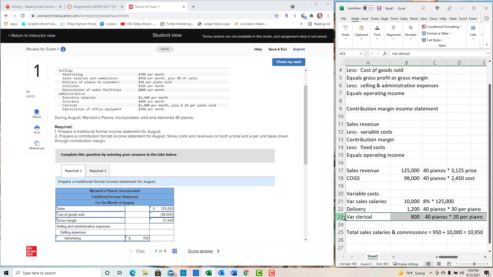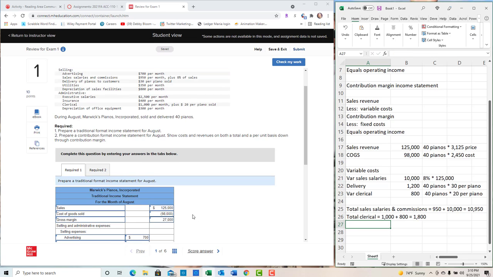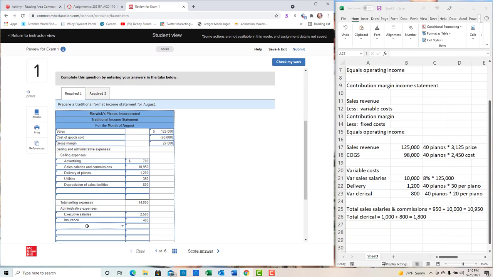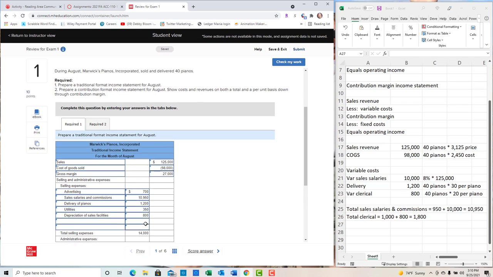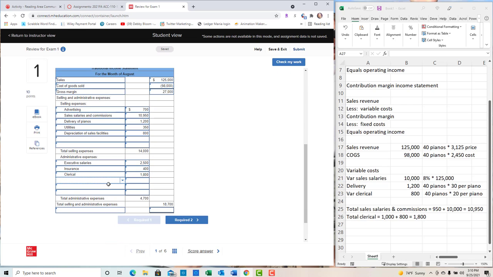The variable portion was $800. So our total clerical, fixed of $1,000, variable of $800, $1,800. So under here, under our clerical, $1,800. We only have one more cost, which is depreciation of the office equipment, $300 per month.